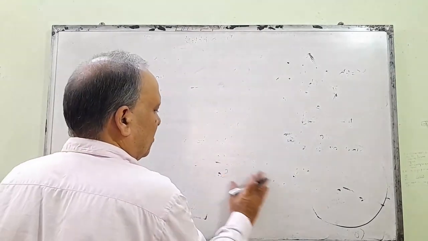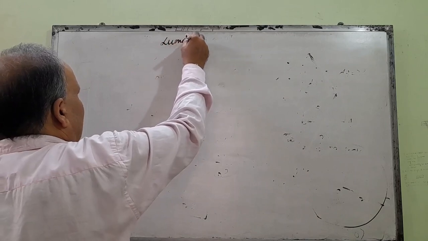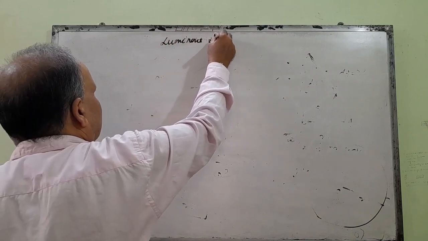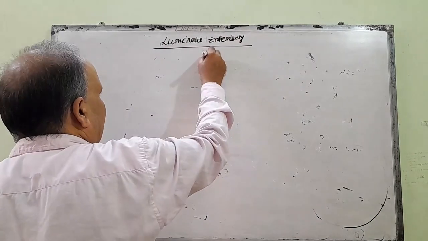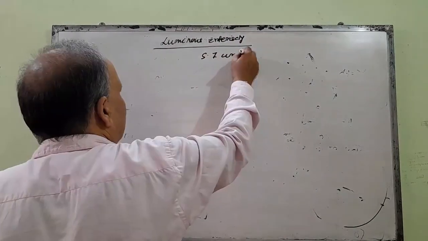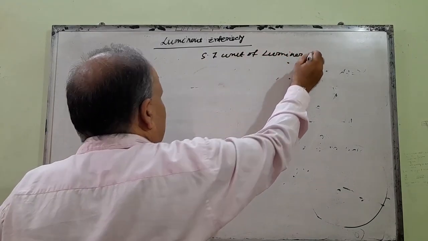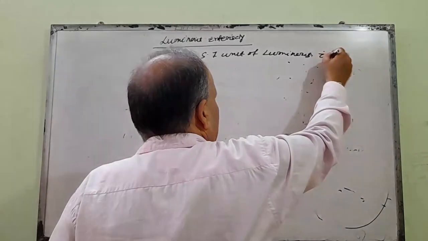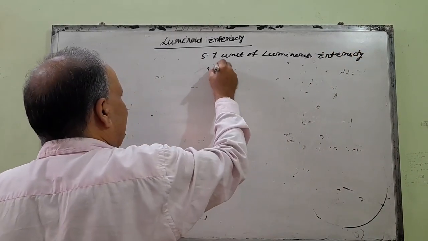So this is the luminous intensity. The SI unit of luminous intensity is candela.